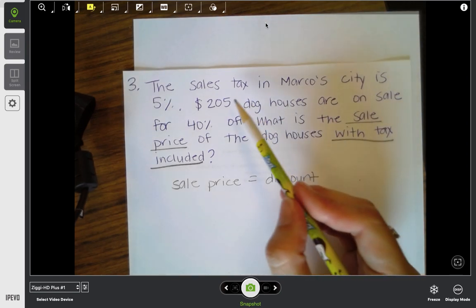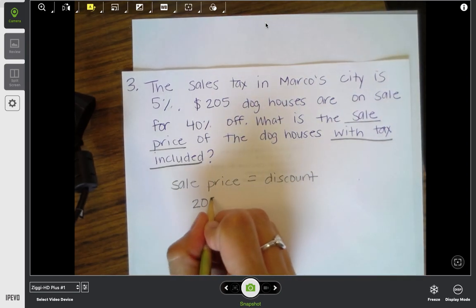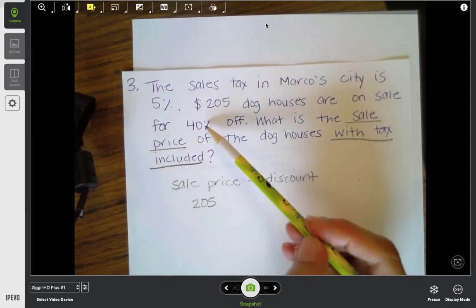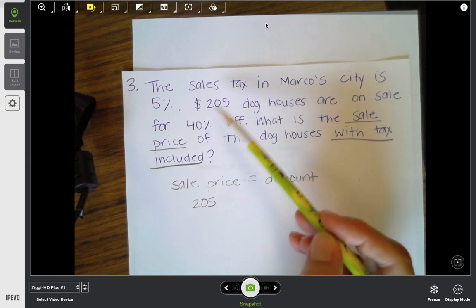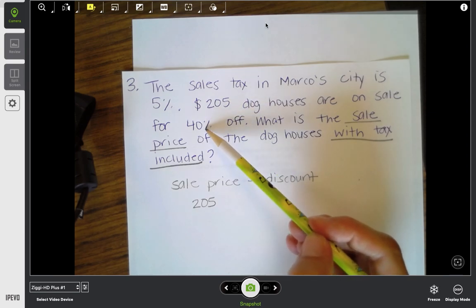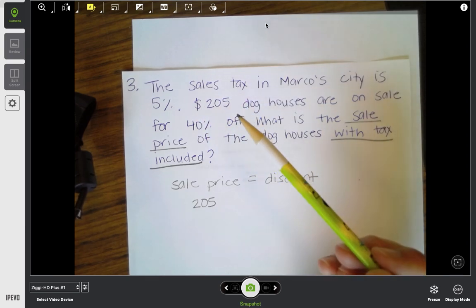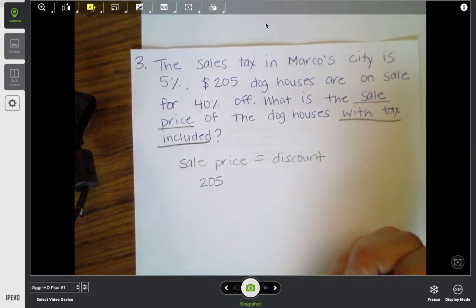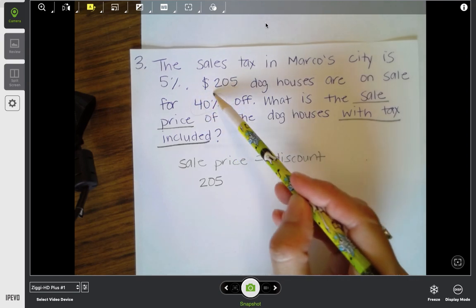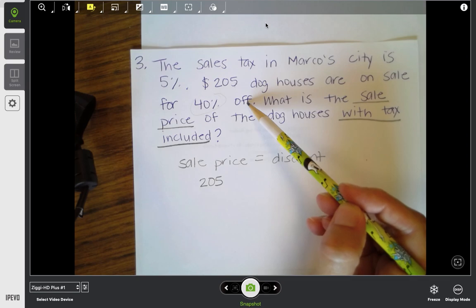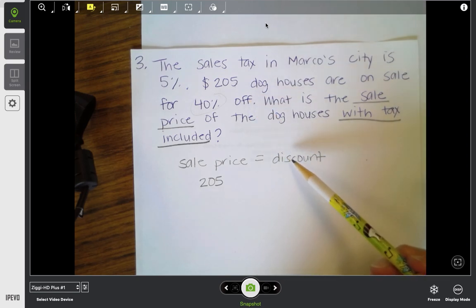So my original price is $205, and I have to find what 40% off that whole price would be, okay? When I'm trying to find a part of a whole, the operation that goes with that is multiplication, okay? Because I'm trying to find 40% of this whole. So I know how much is coming off the price, how much the discount is.